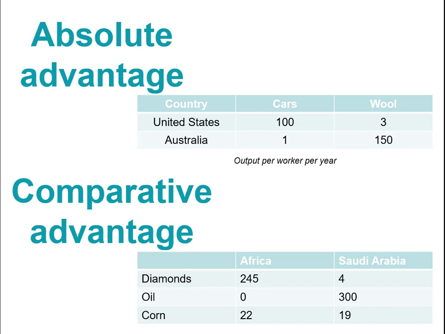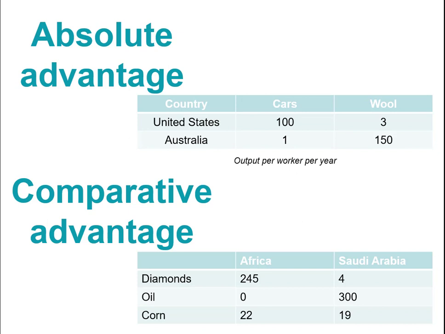Now, I also have comparative advantage here. This is the ability to produce a specific product more efficiently than any other product. Goods and services are produced more efficiently when each country specializes in the production for which it has a comparative advantage over the others.